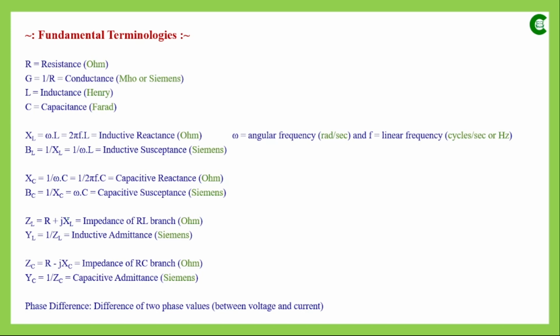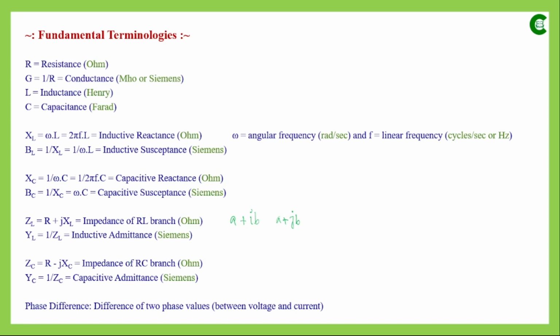In case of impedance, if it is for an RL branch, it will always have a real part and an imaginary part. So it will always have this format a plus ib or a plus jb. So this will always be a complex value or complex representation, and the unit of impedance will be ohm.